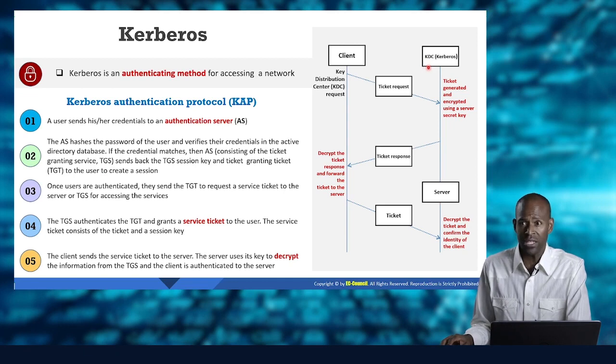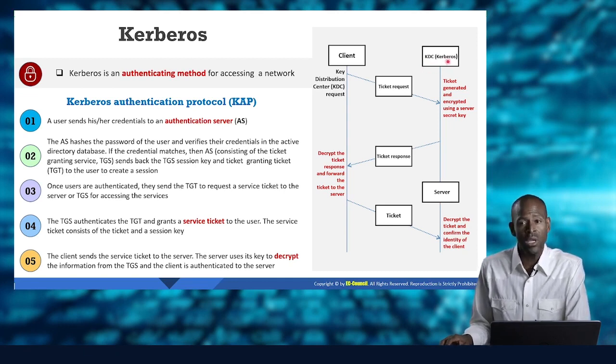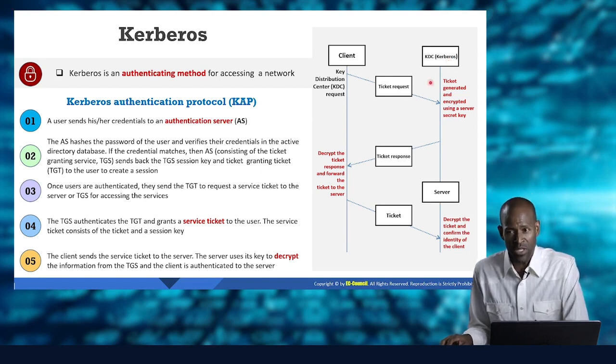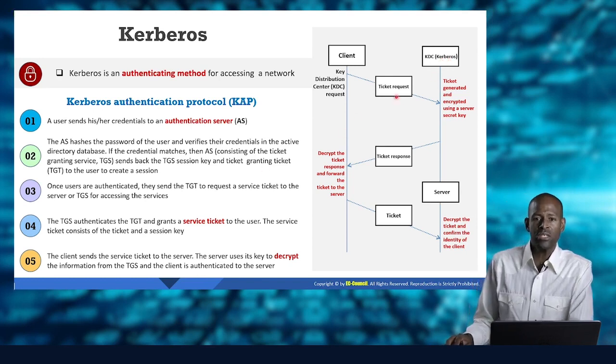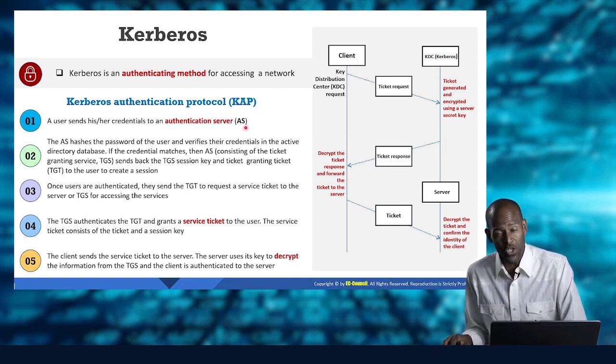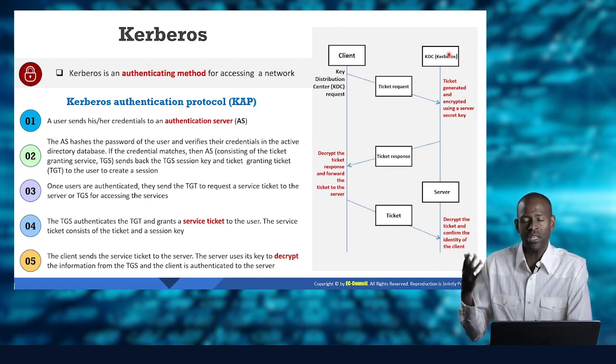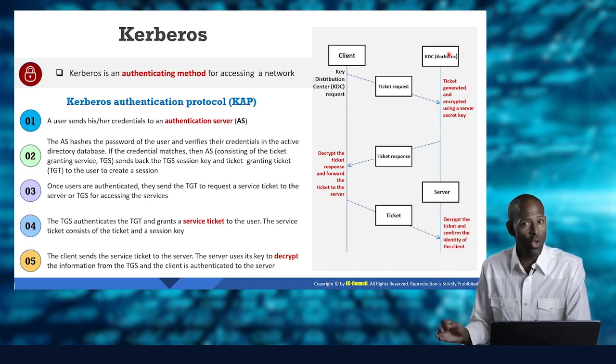The KDC is the Key Distribution Center for Kerberos, and the Key Distribution Center that grants these ticket granting tickets, which is actually the authentication server, is in a Microsoft network a Microsoft Active Directory server, right? Just to simplify it, it's just the Active Directory server. It does all those Kerberos roles.